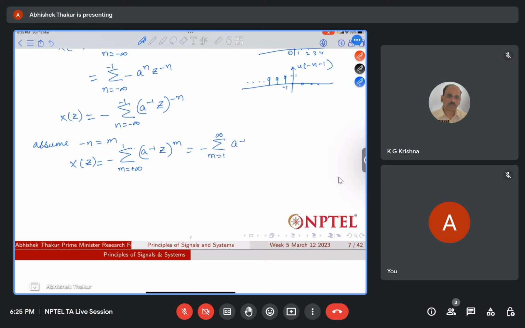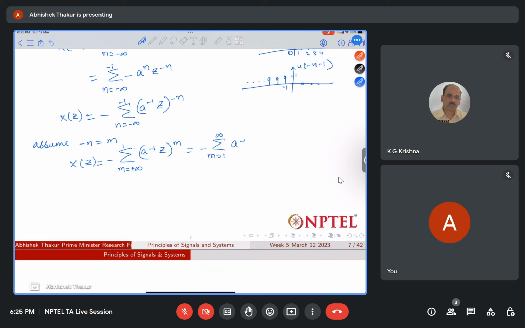And just for simplicity, when x[n] is equal to delta[n], like the impulse function, then the Z transform of this is simply 1. We can calculate it also: the summation of delta[n] z to the power minus n from minus infinity to infinity.